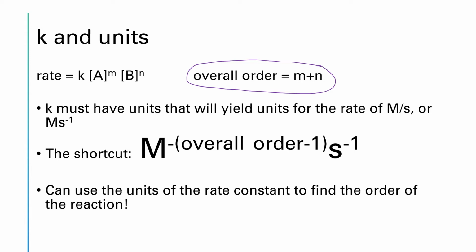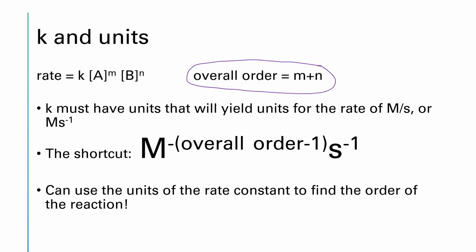K has to have units that will combine with what we get from A and B to give us molarity per second. And so the shortcut is, if you know the overall order of your reaction, you subtract 1 from it, and then you turn it into a negative number.